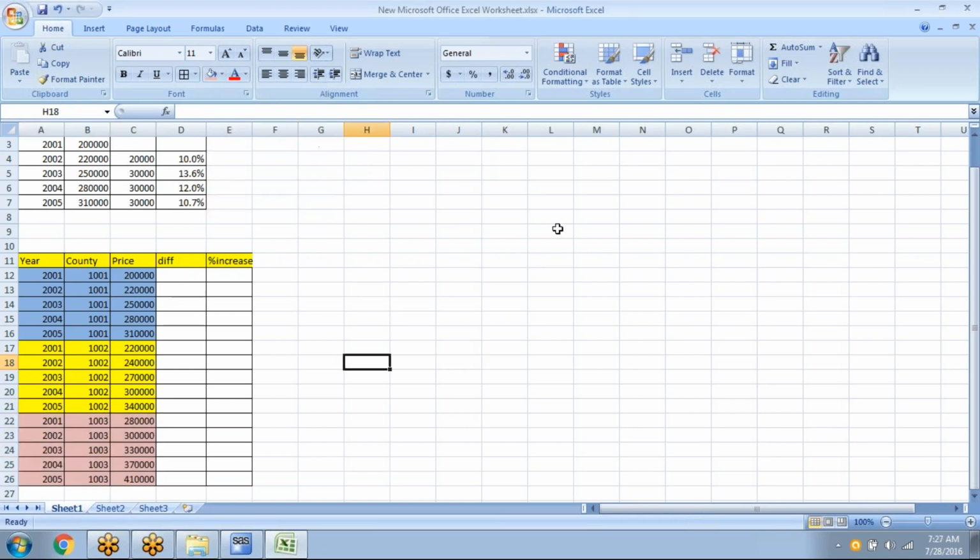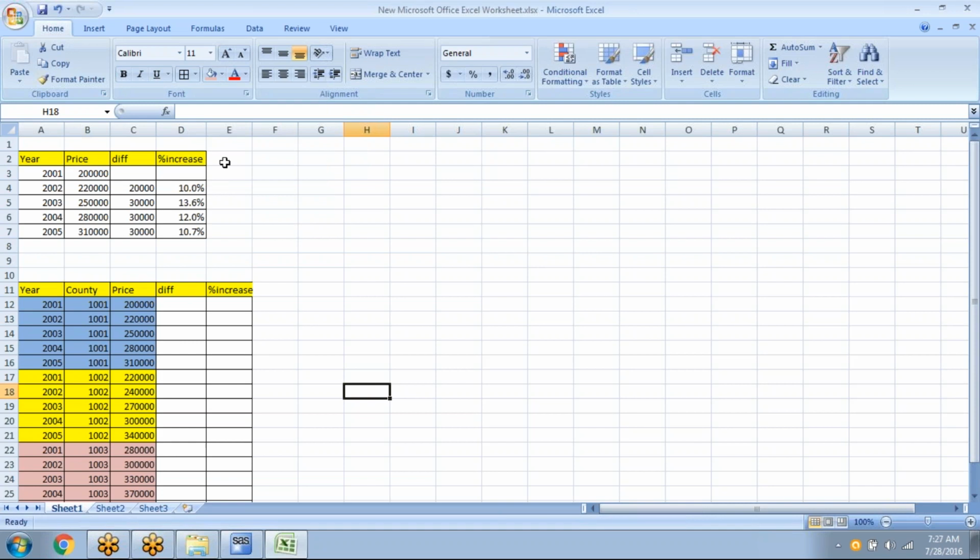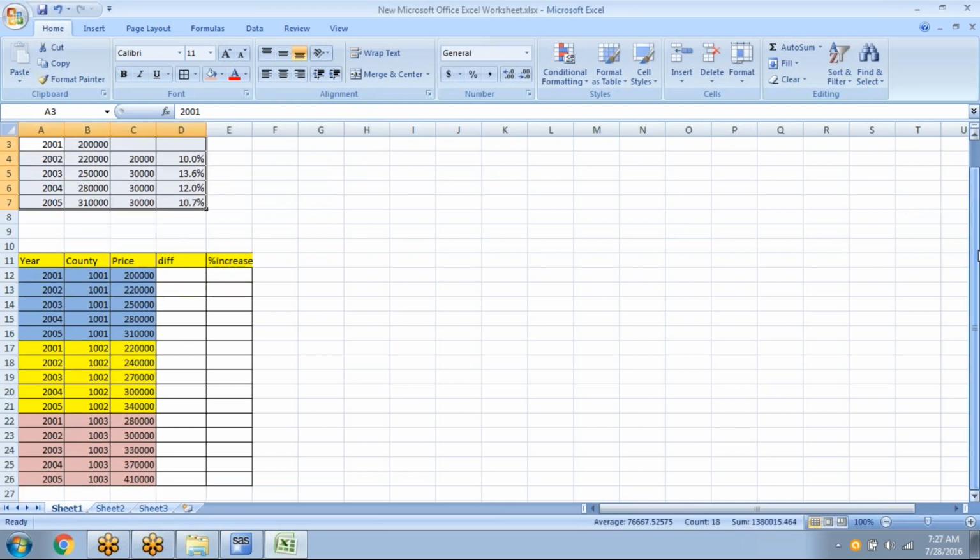Now whatever analysis or calculation you have done here, I have to do the same thing across each county. I wanted to check in Hyderabad what the percentage increase in the house price is year over year. In the same way, in Pune, what is the percentage increase in house price when compared to the previous year?